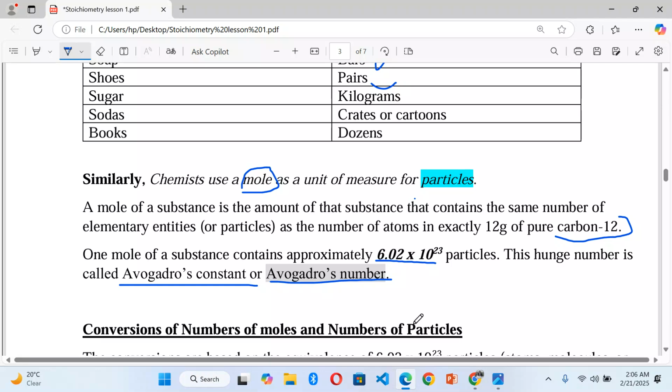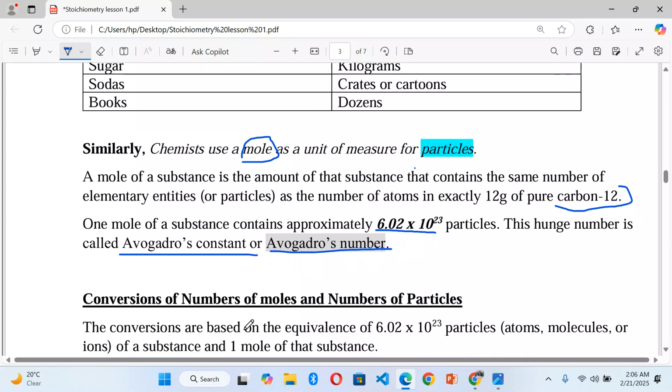Let's look at some of the conversions of number of moles and number of particles. We have seen here that 1 mole of a substance contains approximately these particles. So we want to see how we can convert different moles into particles and particles into moles.